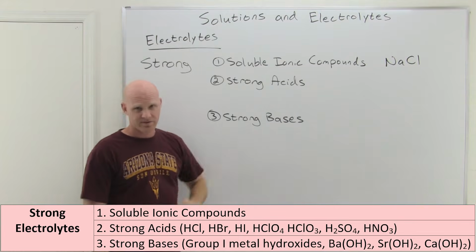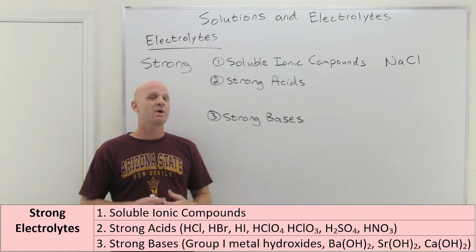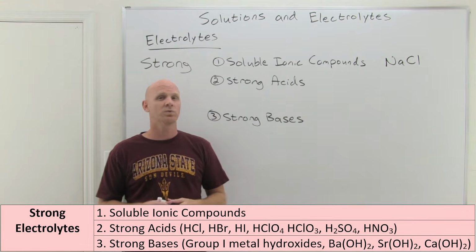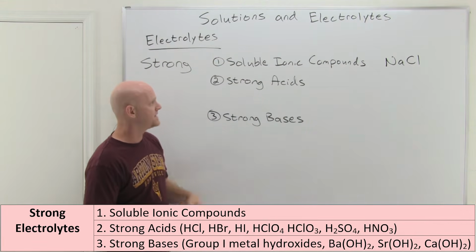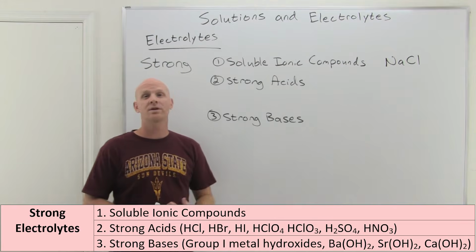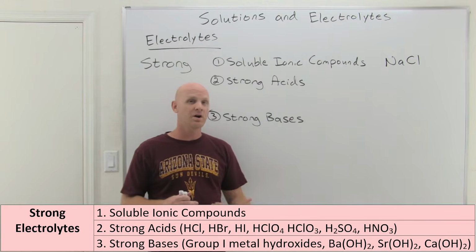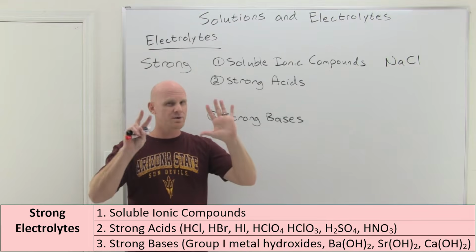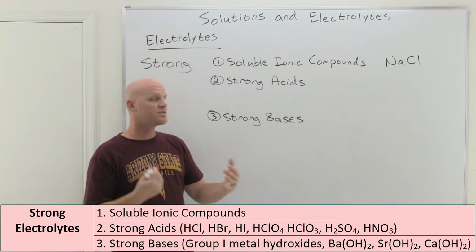All right, strong acids are the next ones. How do we recognize we have an acid? You might recall back from chapter 2 that acids begin with an H. As far as the ones that are strong, the ones that are going to dissociate into ions 100%, there are 7 of them. Some people only put 6 on their list. We're going to put 7, and I'll tell you which one some people don't include.